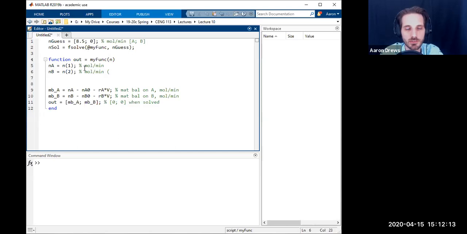If this doesn't look familiar, see chapter 1, I believe it's section 8. But we're using the same syntax here that we used for the equilibrium reactors. It's just we don't have to always solve for X's or extensive reactions.